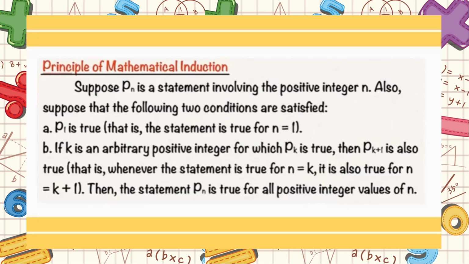And number two, if k is an arbitrary positive integer for which P sub k is true, then P sub k plus 1 is also true. That is, whenever the statement is true for n equals k, then it is also true for n equals k plus 1. So the statement P sub n is then true for all positive integer values of n.